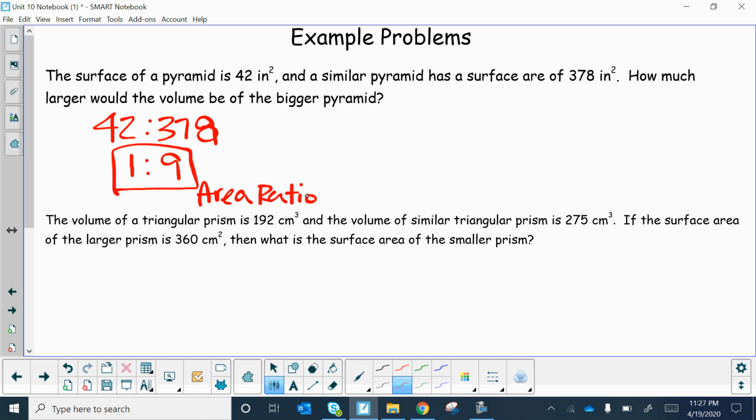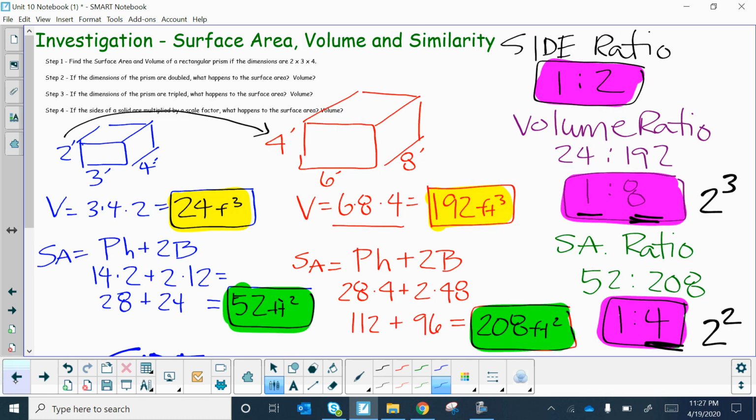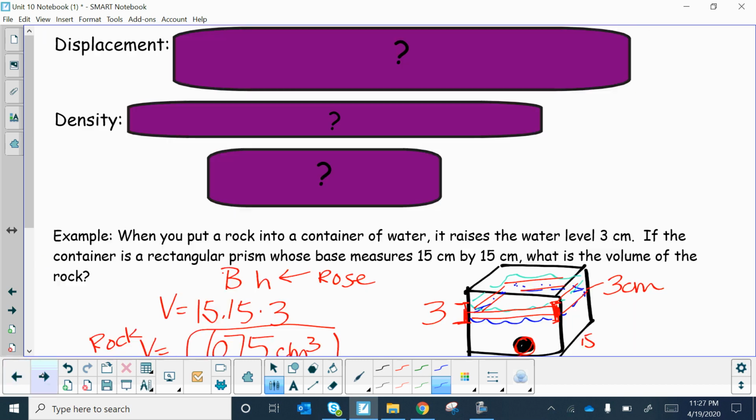Okay, but I want to know how many times bigger the volume would be. Okay, well, the area got 9 times bigger. Does that mean the volume is going to get 9 times bigger? Let me refer back to this. Just because the sides got bigger by twice the size, the volume did not get twice as big, neither did the surface area. Okay, so everything's different. That's why I highlighted those 3 ratios.